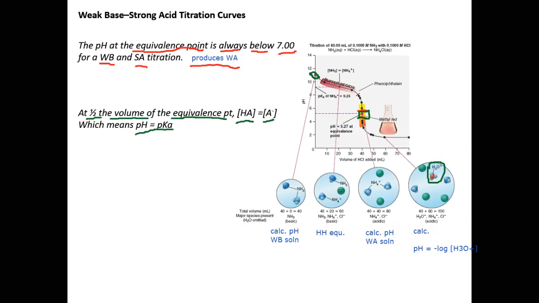So then we use pH equals negative log of hydronium ion. And for a weak base, strong acid titration, methyl red is an ideal indicator because it's yellow in a basic solution and turns red or orange-red in an acidic solution around the equivalence point of this acid-base reaction.